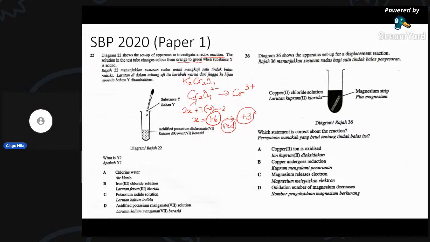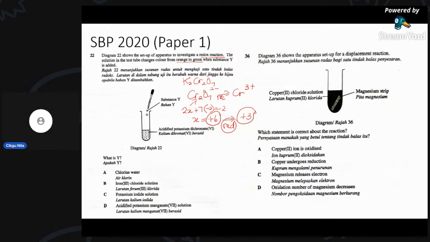If the oxidation number increases, then it is an oxidation reaction. The fourth method, you can see their half equation, whether they gain or lose electrons. Oxidation always loses electrons. Reduction always gains electrons.